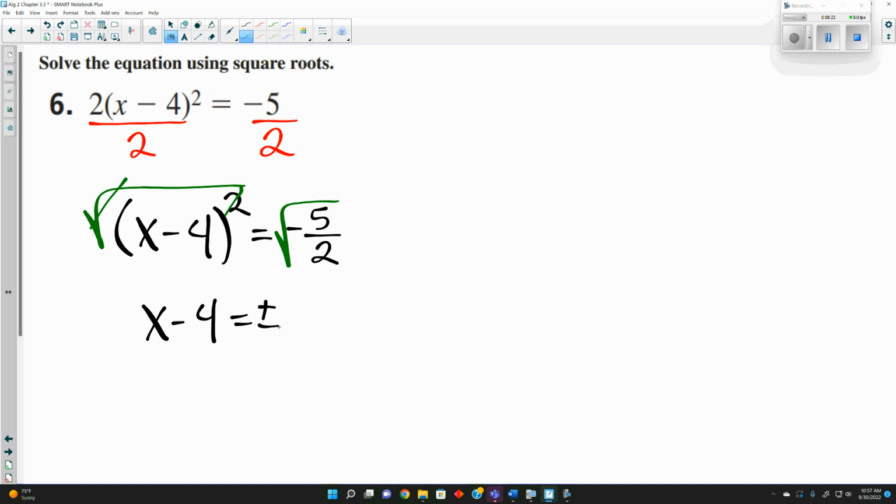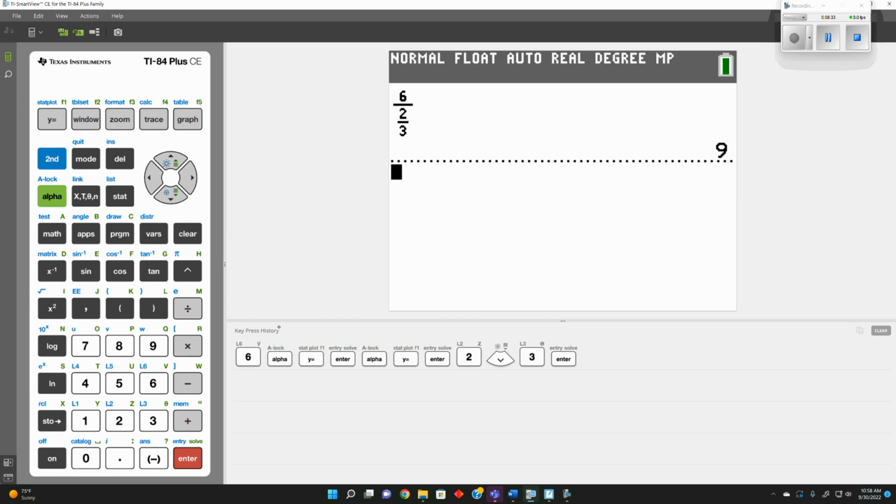So we need to find out what the square root of negative 5/2 is. So we can say square root of negative 5 over 2.